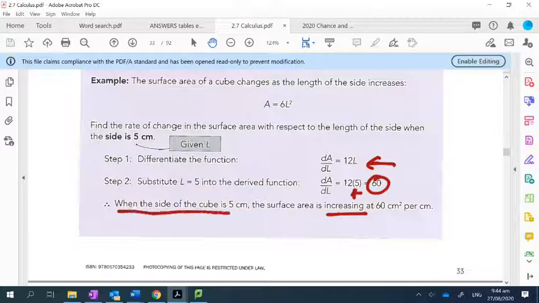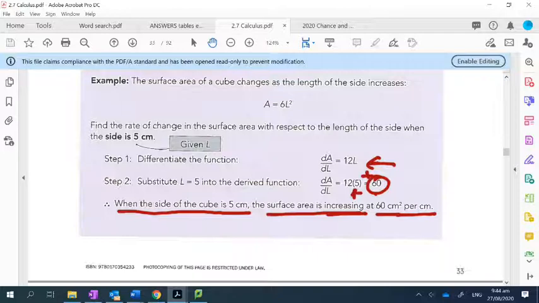When the side of the cube is 5 centimeters, we said that the surface area is increasing. We got that because our slope is positive, our gradient is positive. At a rate of 60 centimeters squared per centimeter. Because it's surface area, it's area we're talking about, that's why it's squared per centimeter.